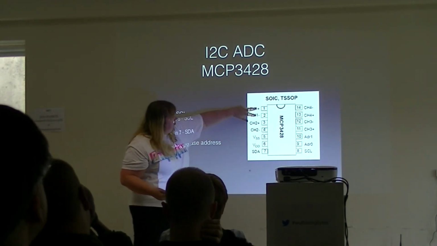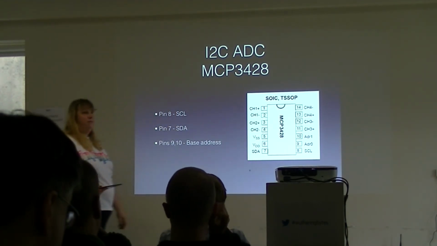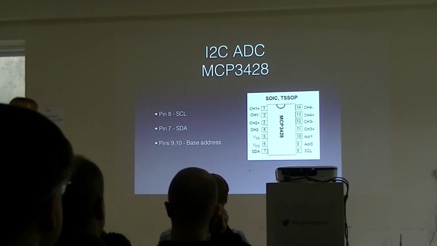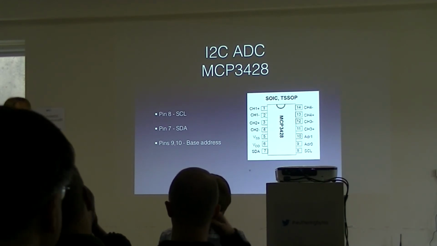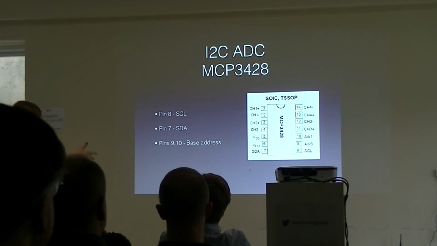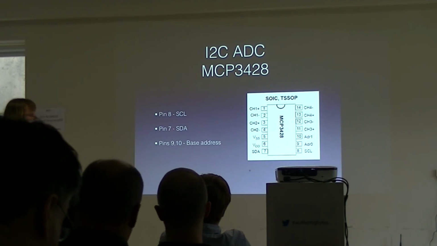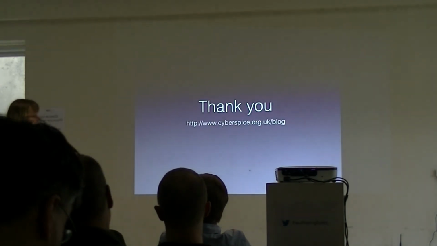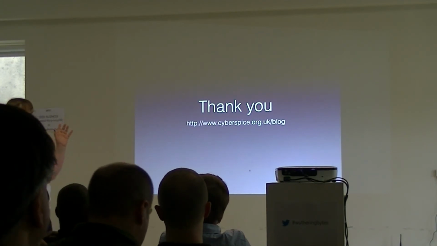It measures the voltage difference between 2 pins. So if you want to look at a variable voltage on your Pi, connect one of those to the I2C bus on your Pi and read it. And that is it. I will have my slides up there.